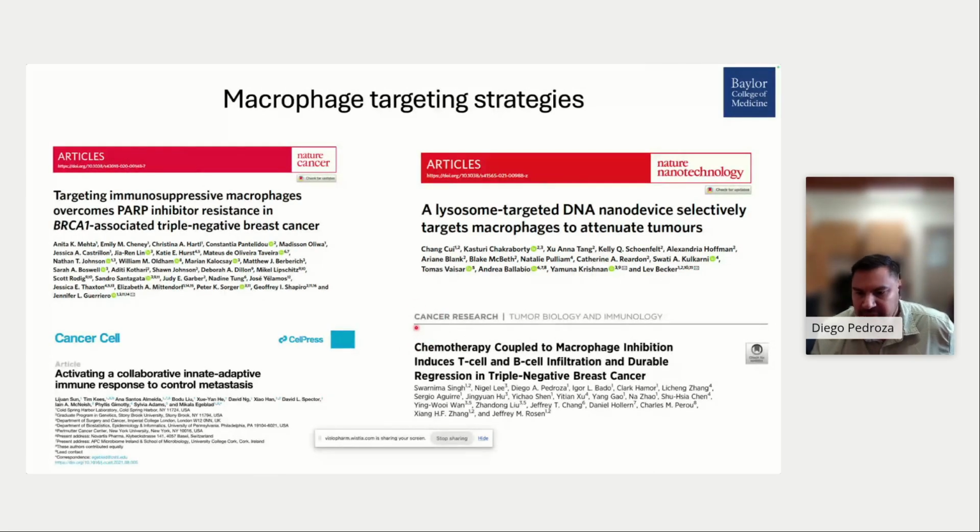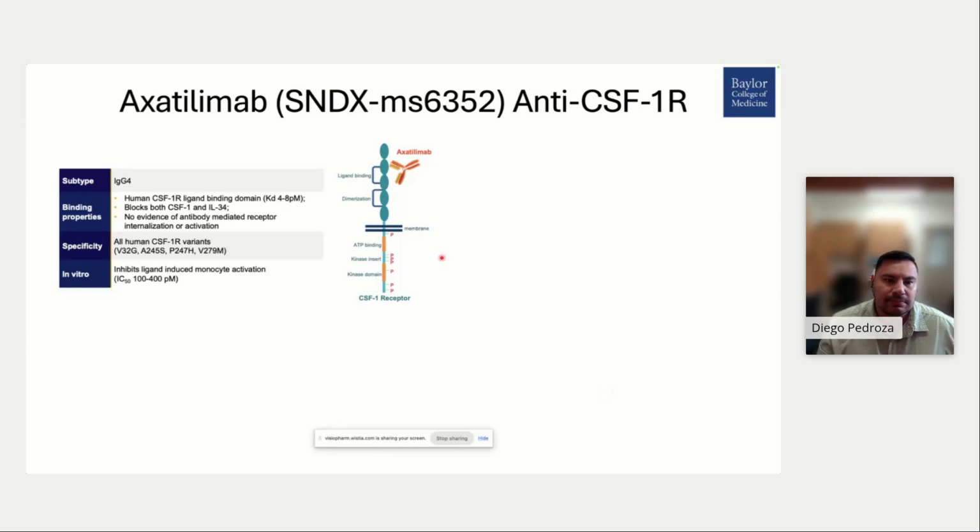And then our previous publication, where we use a small molecule inhibitor to completely destroy them in combination with chemotherapy in breast cancers. Unfortunately for us, the small molecule inhibitor went to clinical trial, and it failed in the I-SPY 2 because of liver toxicity. So this drug was no longer used for the clinic to treat breast cancers. Fortunately, though, we were able to outsource a different way to target macrophages.